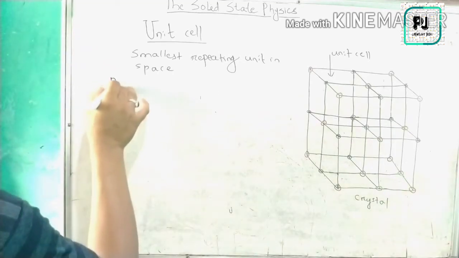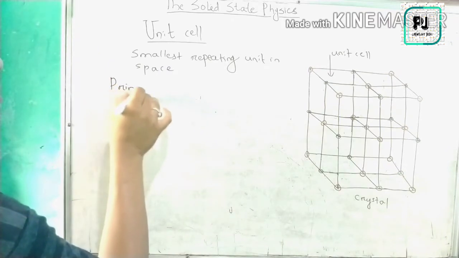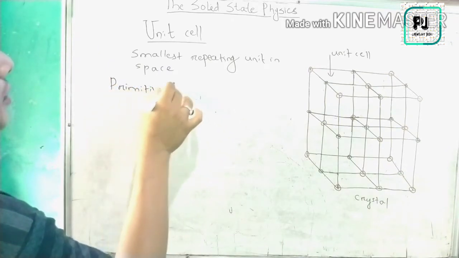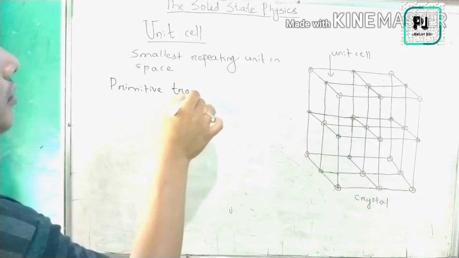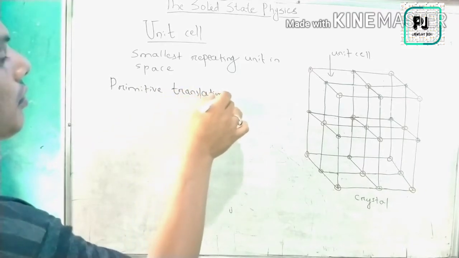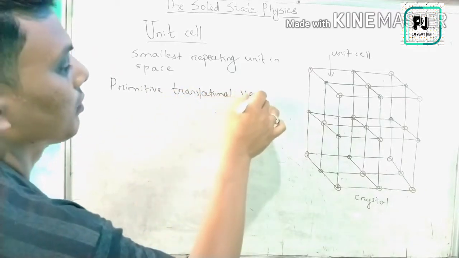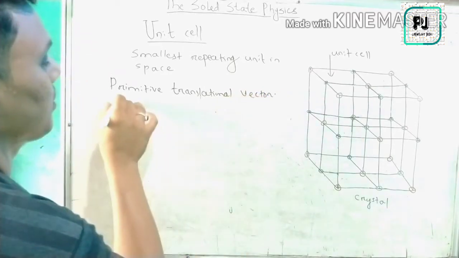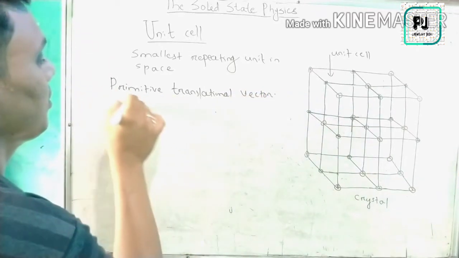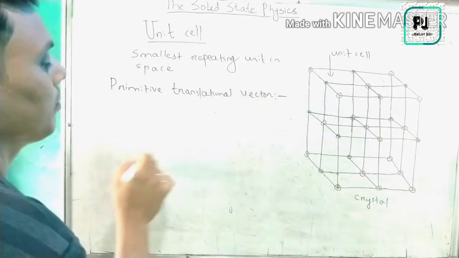Now comes the primitive translational vector. What is the primitive translational vector? That is inside the unit cell.